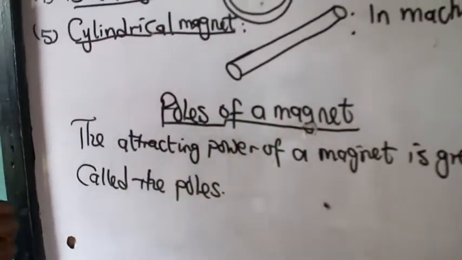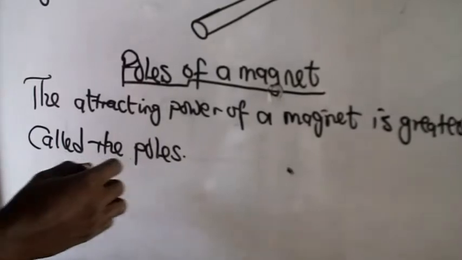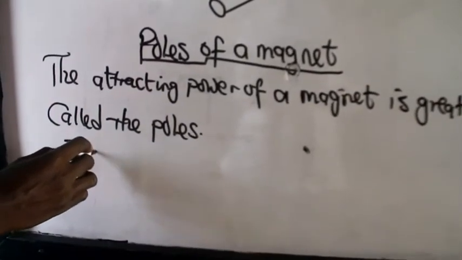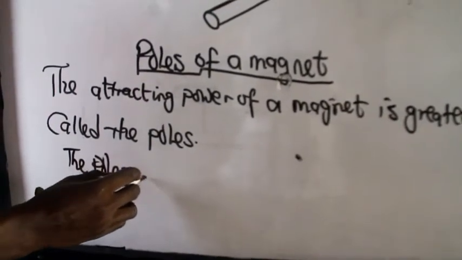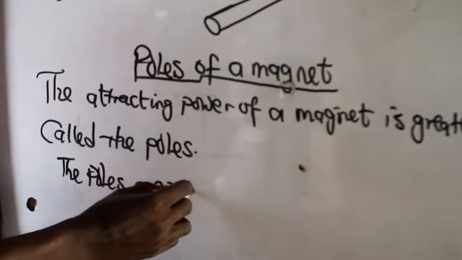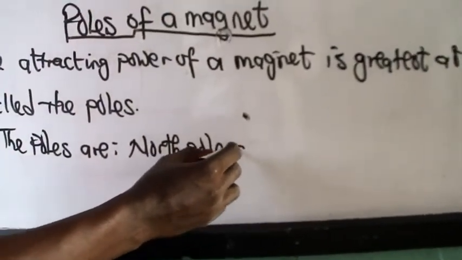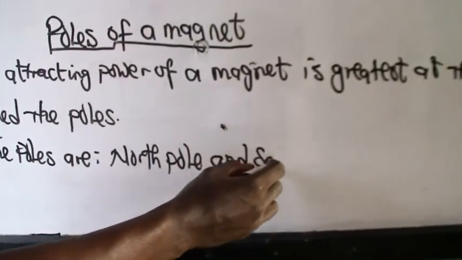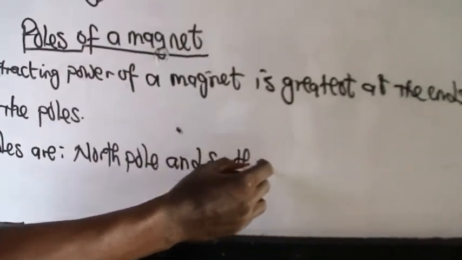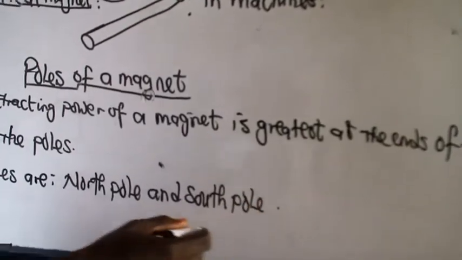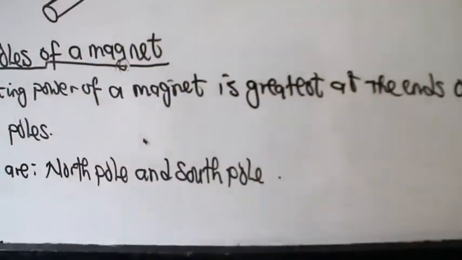You are going to see that a magnet has two poles. The poles are North Pole and South Pole. I'm going to illustrate it by drawing.